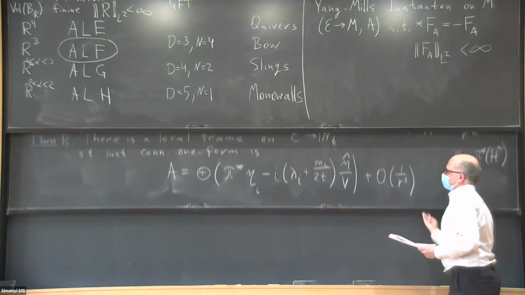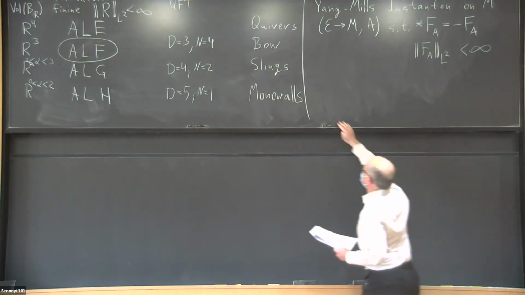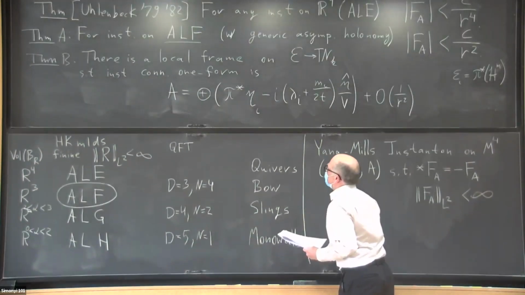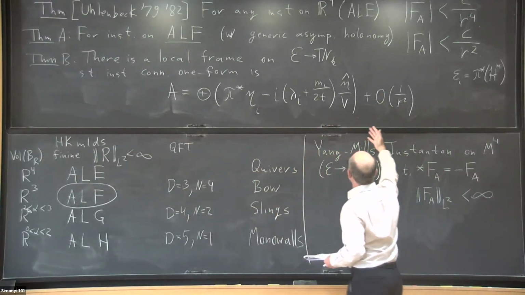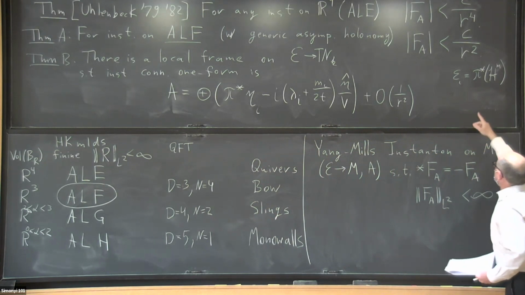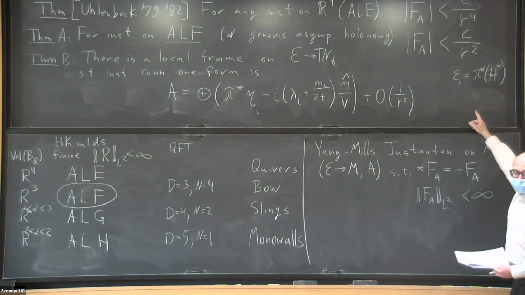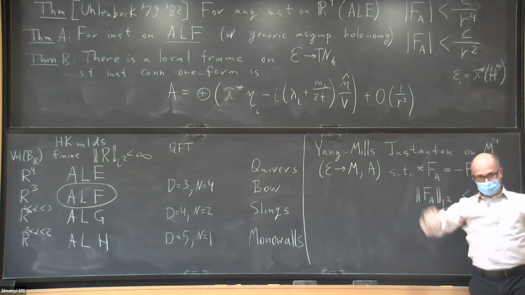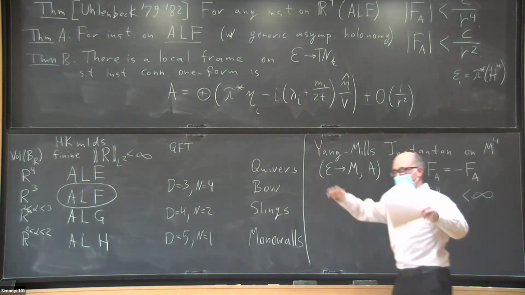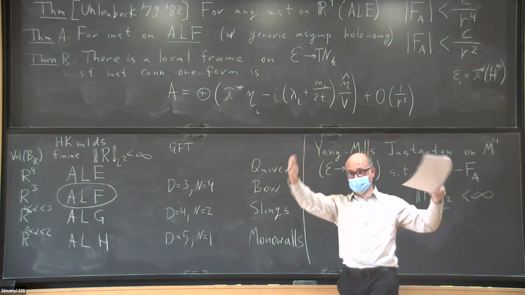Now, what is interesting here is that the way you write this depends on what sort of frame you picked. This line bundle that I described is a bundle over essentially the lens space at infinity. Let's think of it as a bundle over S^3.